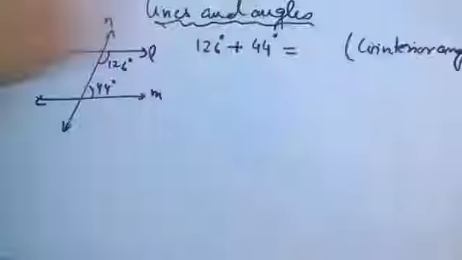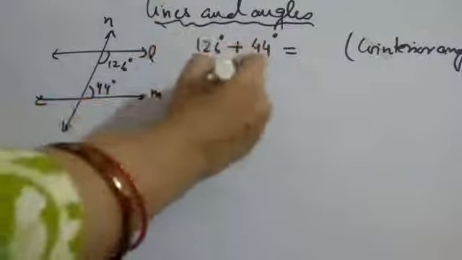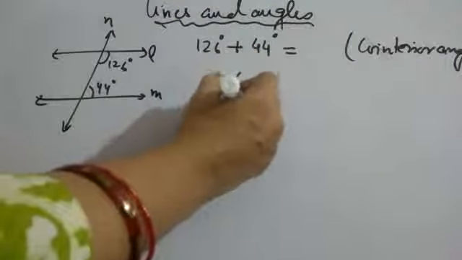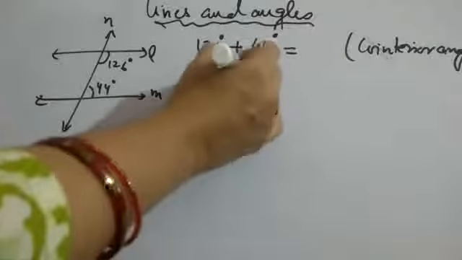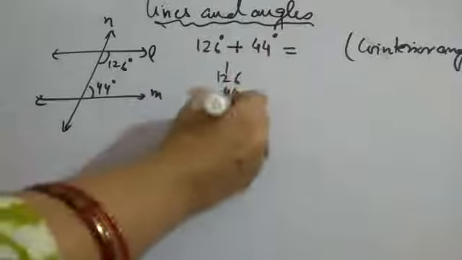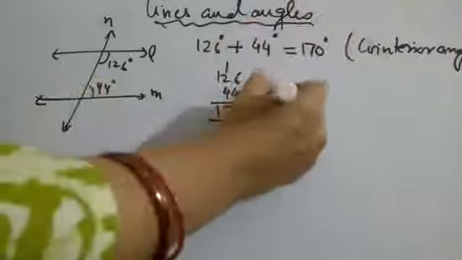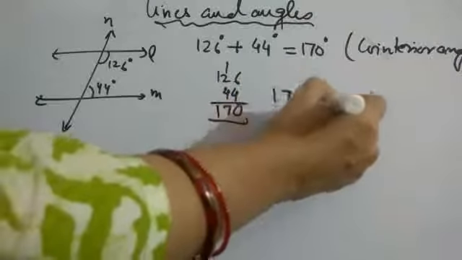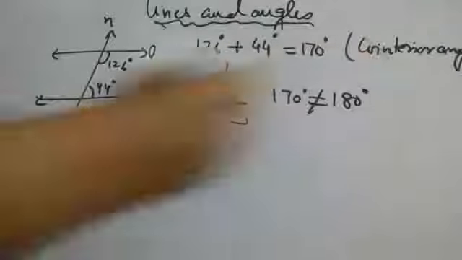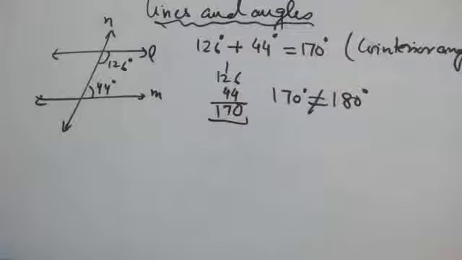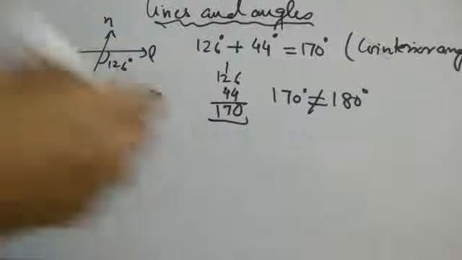Okay. So let us check whether these co-interior angles give you the sum 180 or not. So 126 plus 44 is equal to 170. 170 is not equal to 180, though the sum of co-interior angles should be 180.